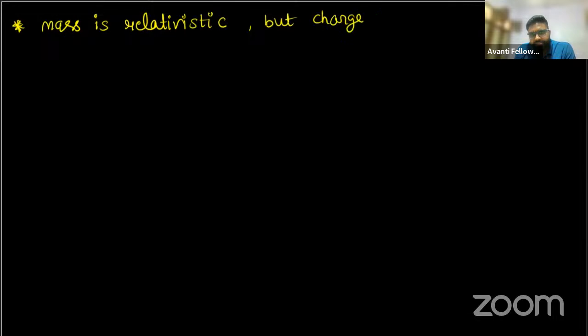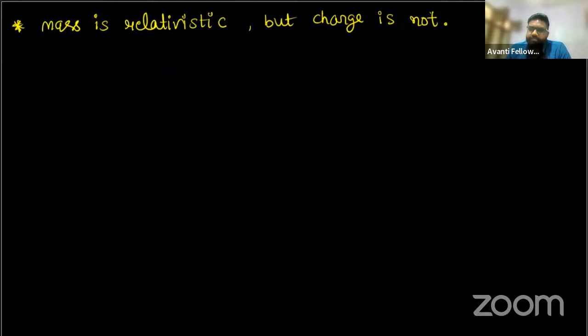That mass is relativistic. Now, what does that mean? Relativistic, but charge no. Charge is no. Okay. What does that mean?